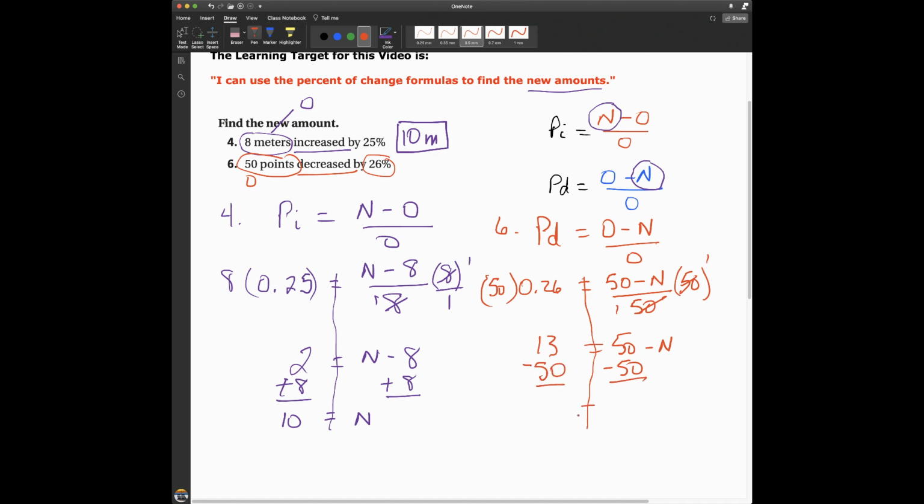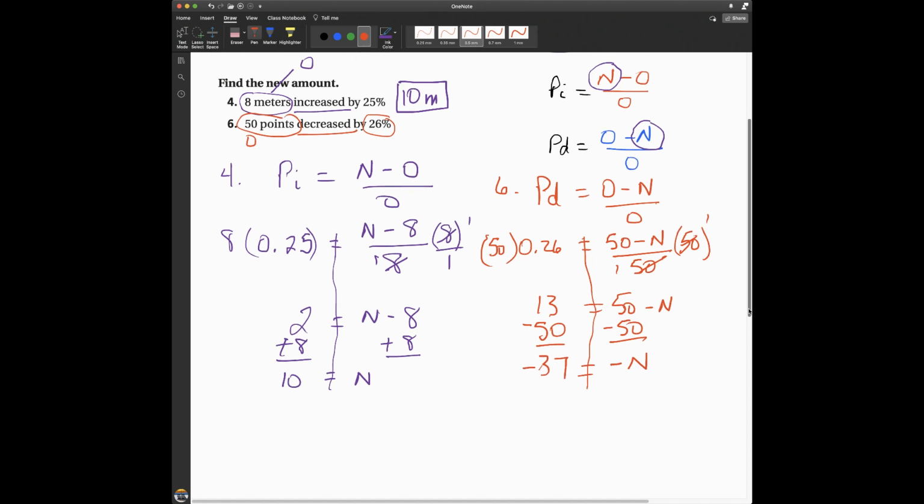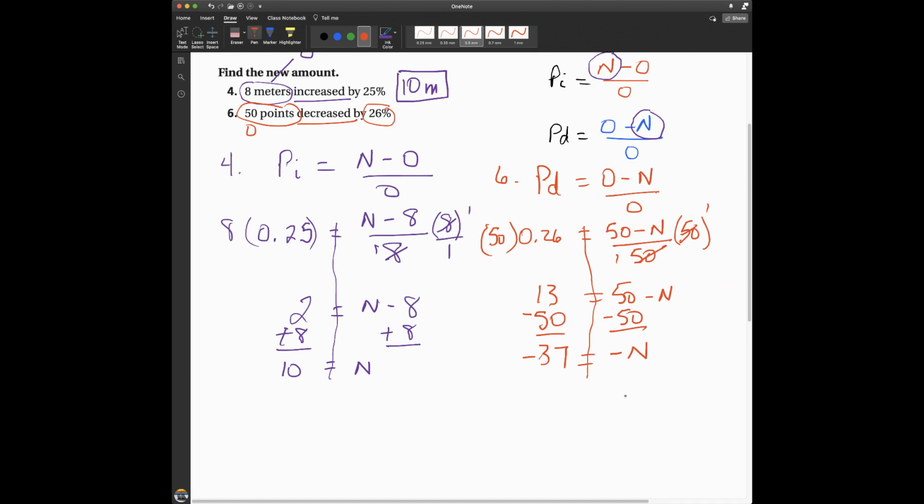And I have negative n equals 13 minus 50. I have to go all the way back to chapter 1, but that should be negative 37. So now what do I do? Well, I want n equals, not negative n. So I can multiply this side by negative 1, because that will make n positive.